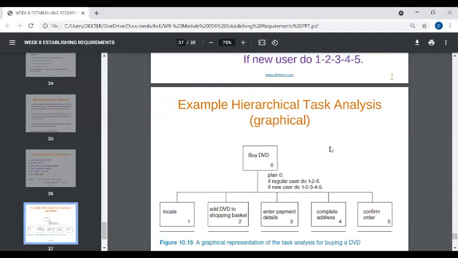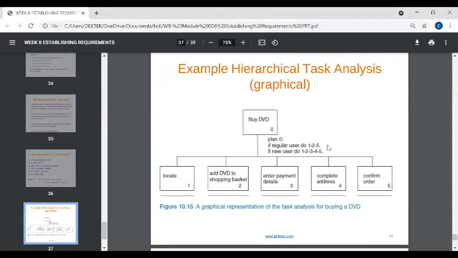Okay, so an example of the HTA analysis, graphical. An alternative expression of HTA is the graphical box and line notation, as shown in the graphical version. Here the subtasks are represented by named boxes with identifying numbers.